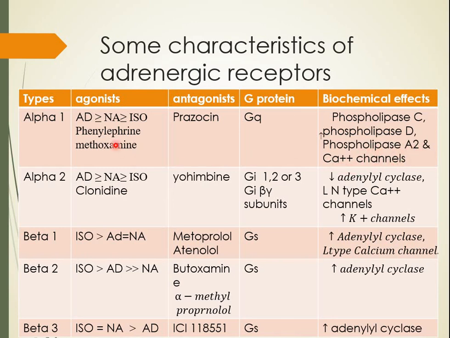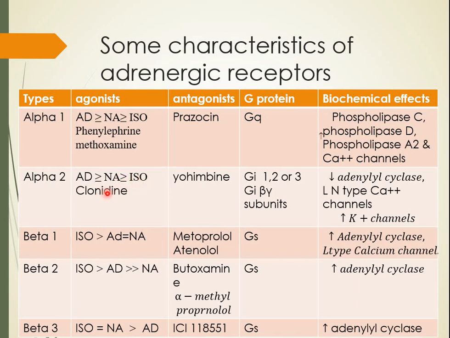Thus it produces its physiological or pharmacological response, and the order of potency is adrenaline equal to or greater than noradrenaline, which is equal to or greater than isoprenaline for the alpha 1 receptor, and for the alpha 2 receptor the adrenaline response is equal to or greater than noradrenaline and isoprenaline.